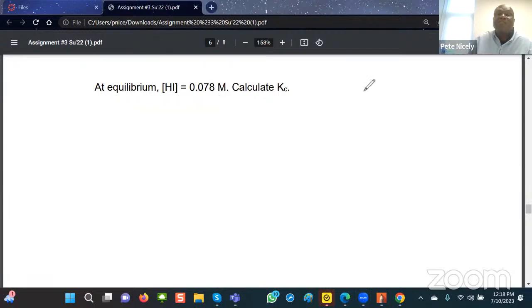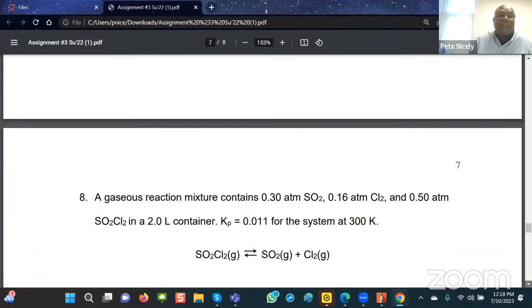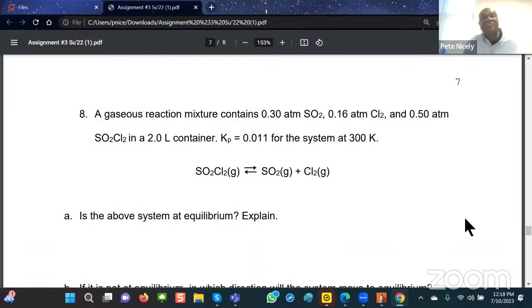And let's move on to question number 8. Now, in the case of question number 8, they gave you a balanced equation, and it's a totally gaseous system, and they gave you the pressure of each gas, they gave you the volume, and they gave you the Kp value, right? So the first question that is asked is, is the above system at equilibrium?